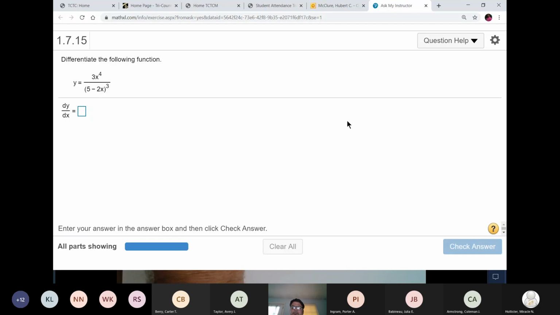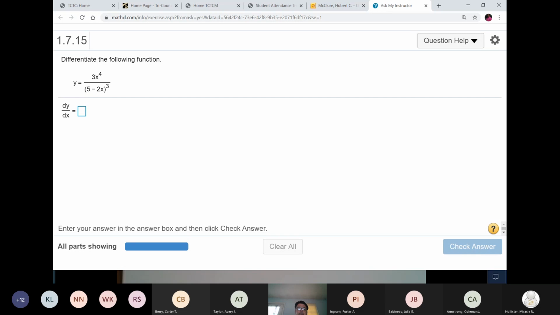f of x is equal to 3x to the fourth over 5 minus 2x to the third. And over here, f of x is equal to 3x to the fourth over 5 minus 2x to the third.